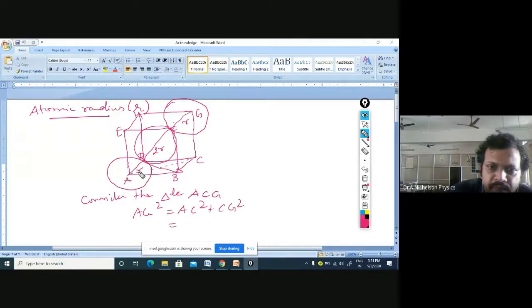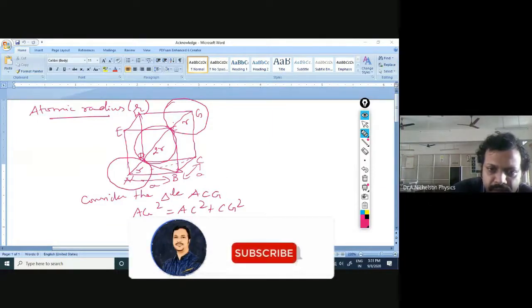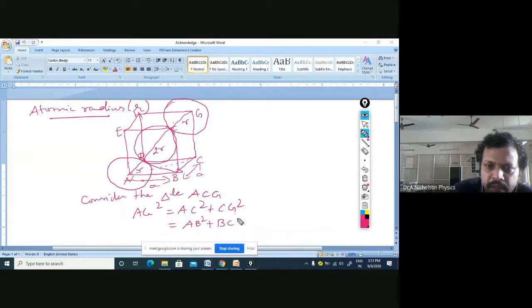AC is the hypotenuse of another right angle triangle, ABC. AB is the side of the cube, a. BC is another side of the cube, a. So AC square is equal to AB square plus BC square, and CG is again the side of the cube, a. So you can write CG square. Now a square plus a square plus a square, so 3a square.